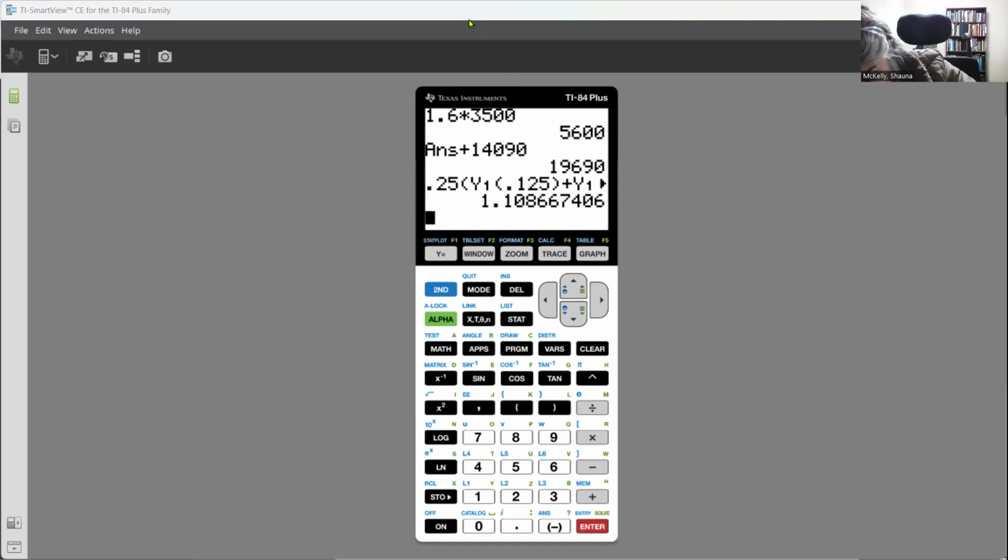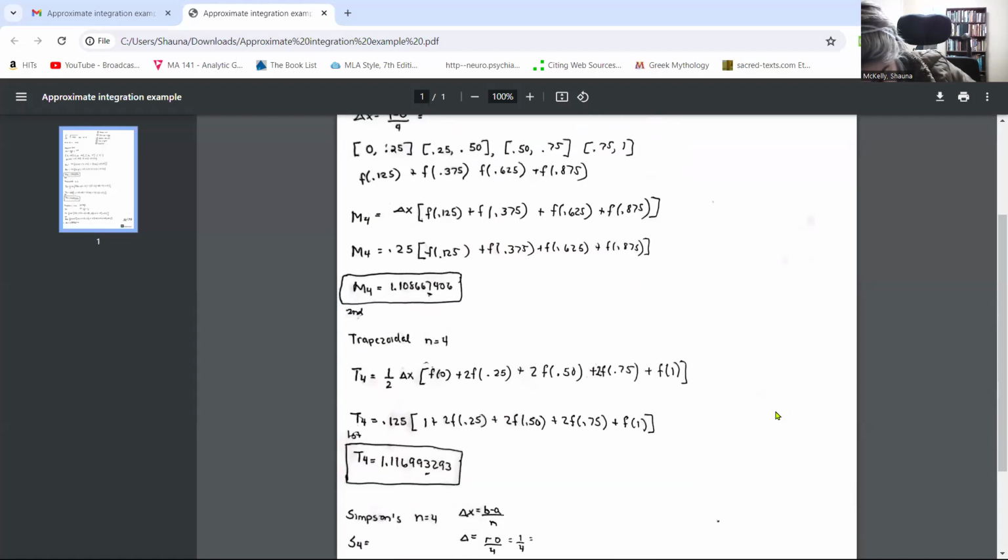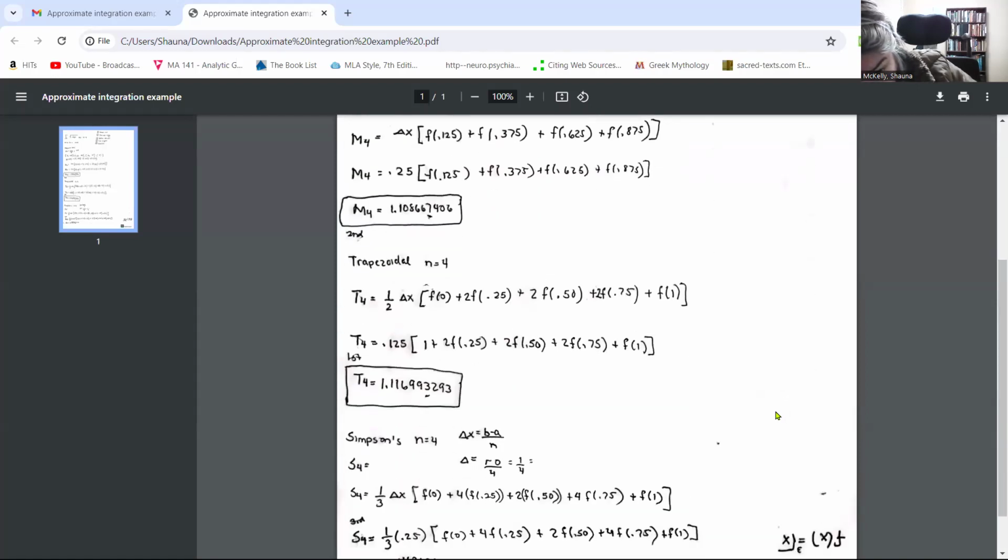So, okay, that was the midpoint rule. The only difference with the trapezoidal rule is the formula.